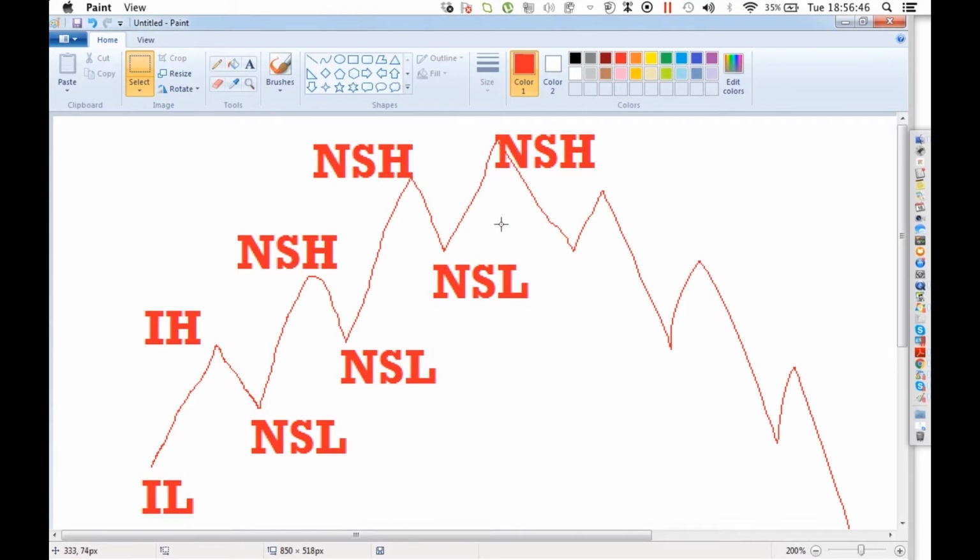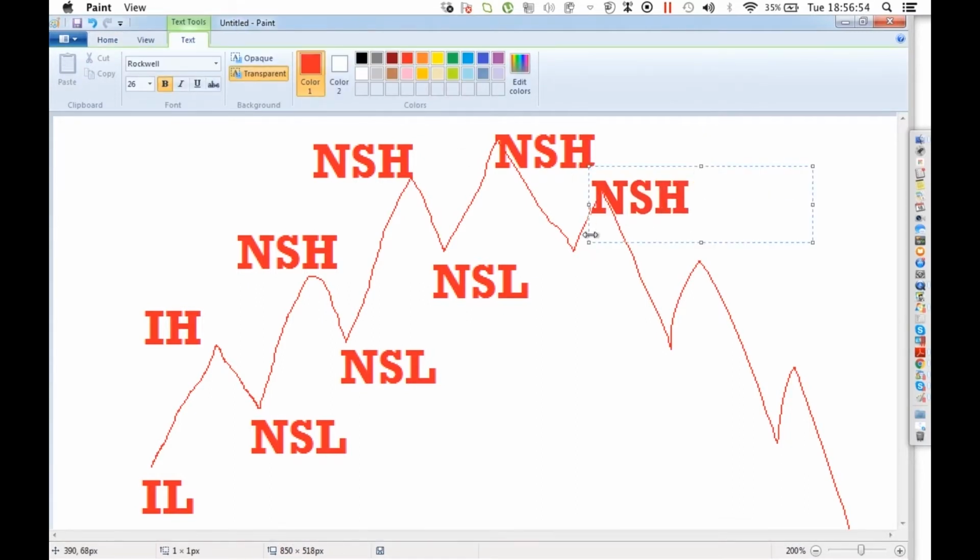these still are over here. That's still a new structure high, and that's still a new structure low.